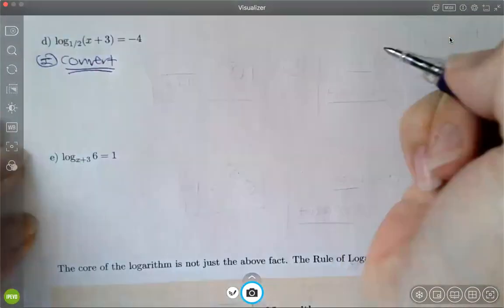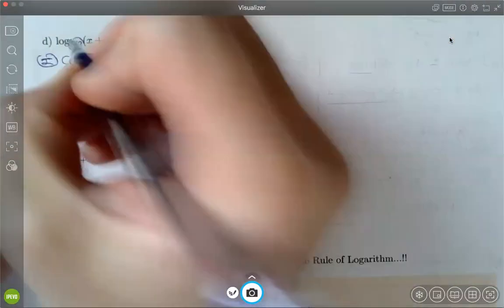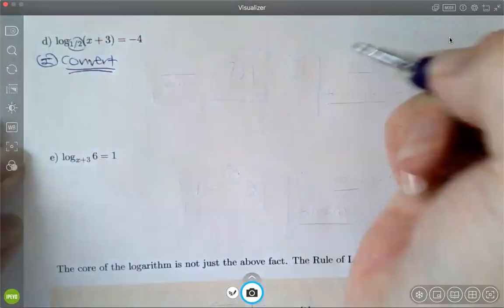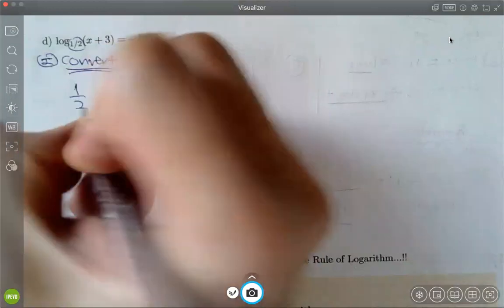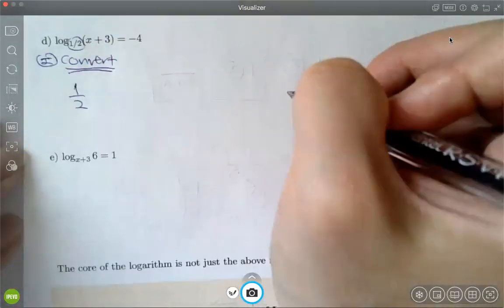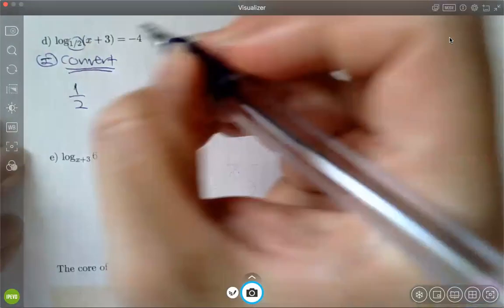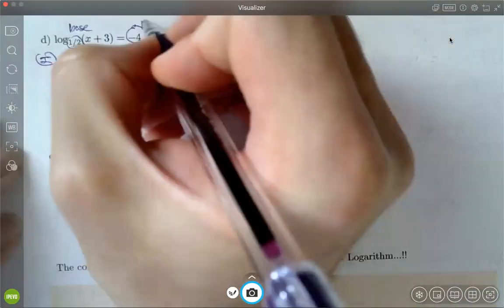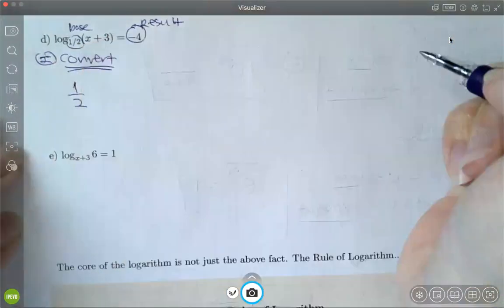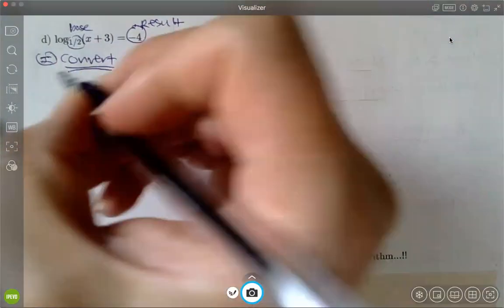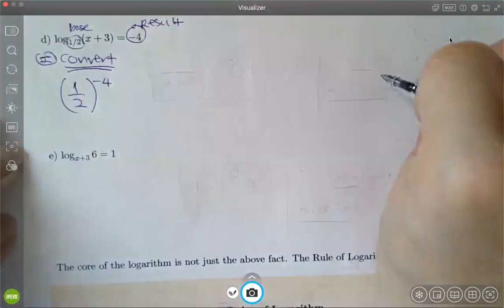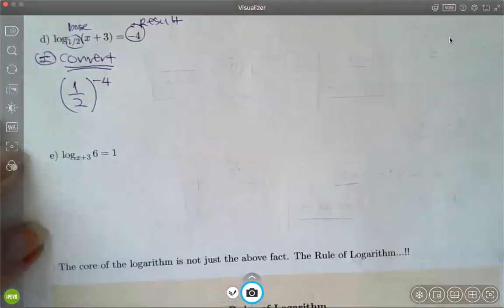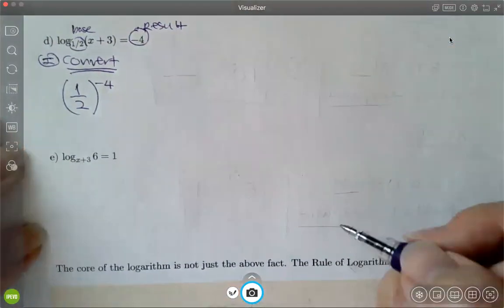What's the base? It's 1/2, right? So base goes to the base. And then what's the result? That's the result, right? And the result becomes the exponent. So we have 1/2 to the power -4, and then the remaining thing, x plus 3.